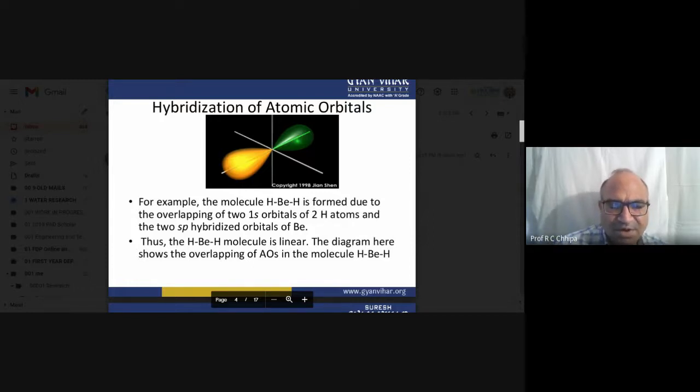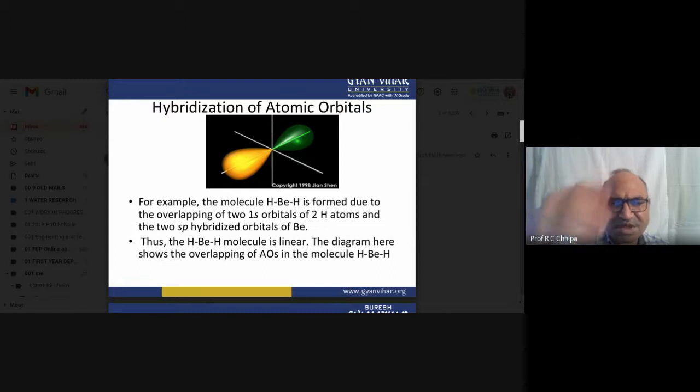Therefore, a stable Be-H bond is formed, and this is a linear molecule. The diagram here shows the overlapping of atomic orbitals, in yellow and green.